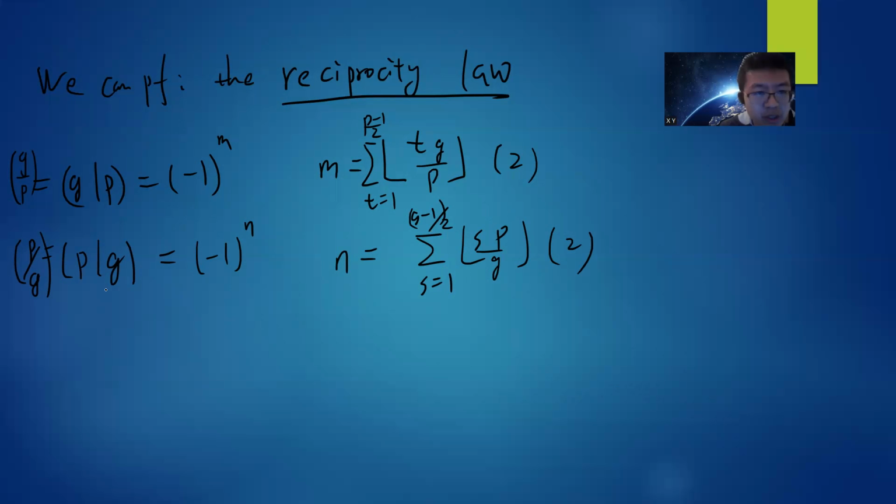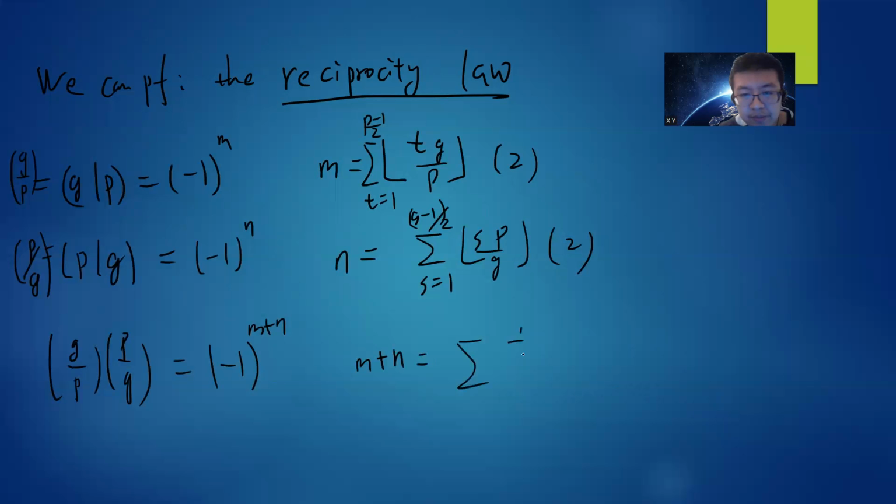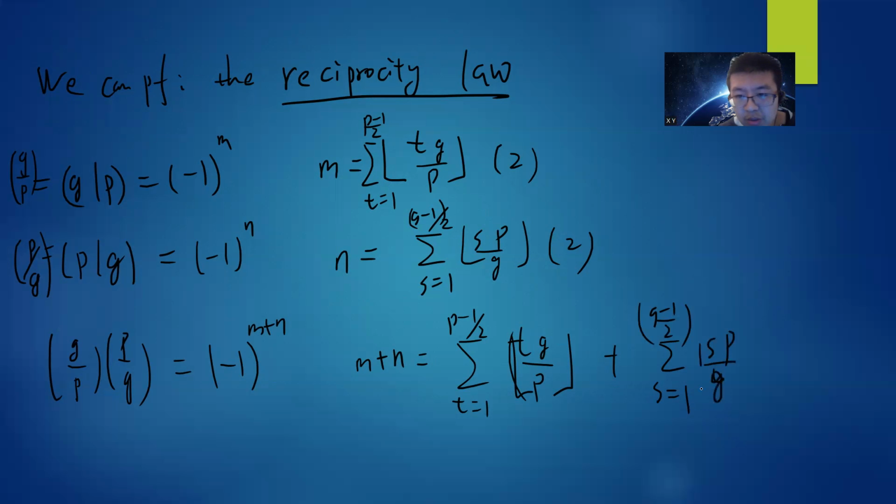Okay, so this proves that, and this product, right, the product of (q/p) and (p/q), will be just minus 1 to the m plus n. So m plus n will be just the sum of t from 1 to (p minus 1) divided by 2 plus the sum of s from 1 to (q minus 1) divided by 2, of sp over q, and the total mod 2.